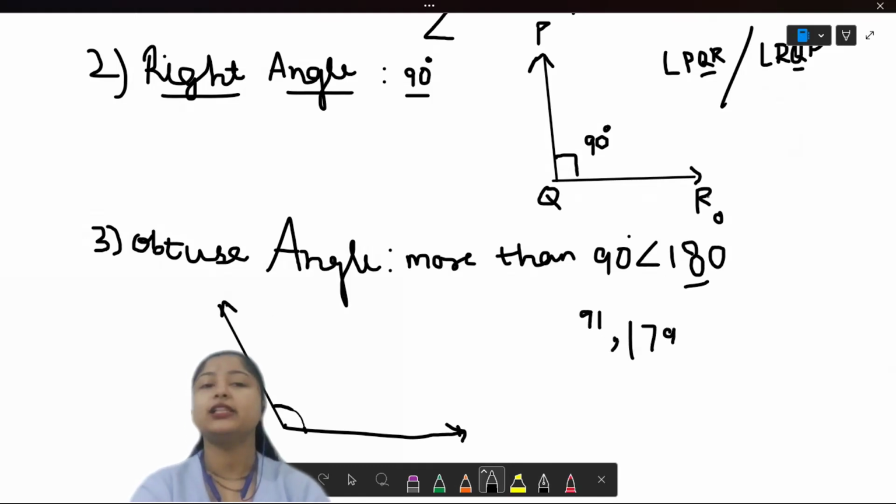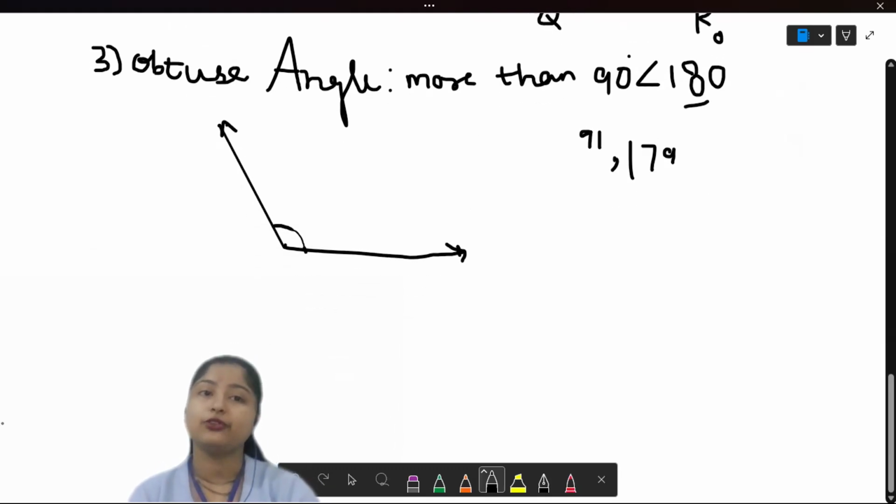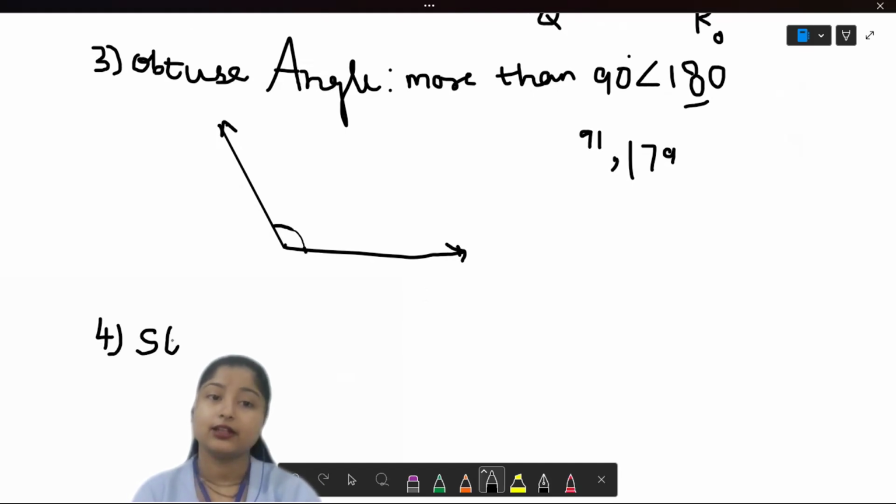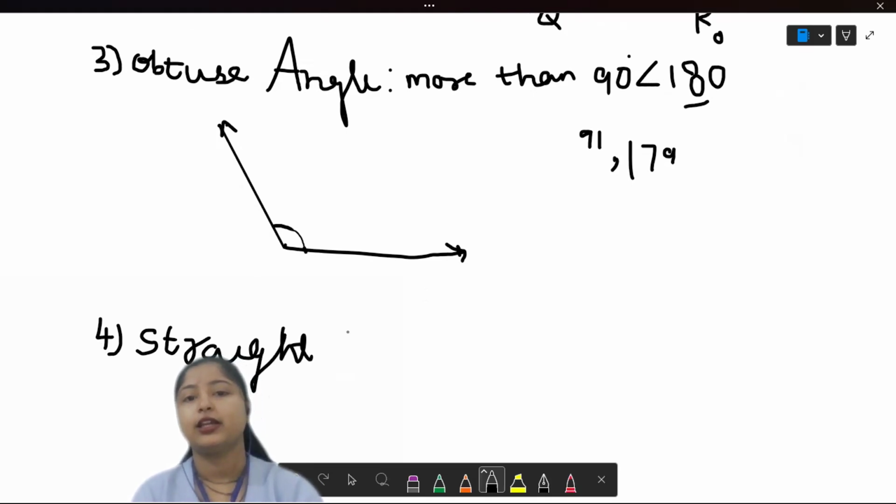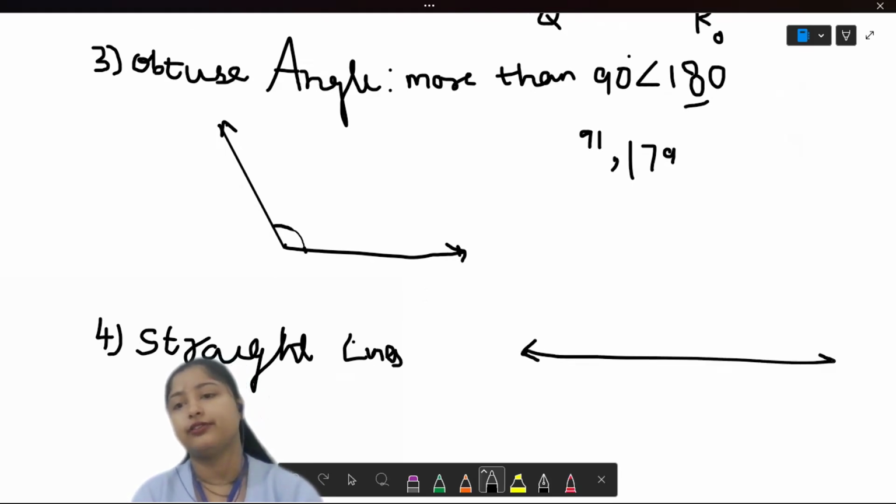The last type of angle that we are going to learn in this introduction video is a straight line angle. What is a straight line angle? A straight line angle generally looks like a straight line, as the name suggests. It is special like the right angle. It has a fixed value, that is 180 degrees.